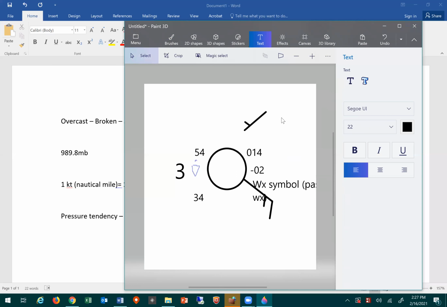It says past weather. You understand that WX is an abbreviation for weather. I hope you figured that out. So we have past weather symbol. So that's how you read it. That's how you decode a station model. And that's what I'm going to require you to do.